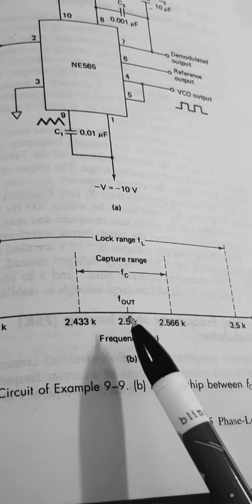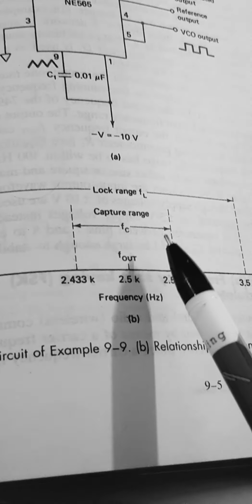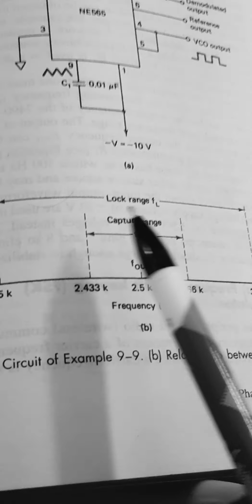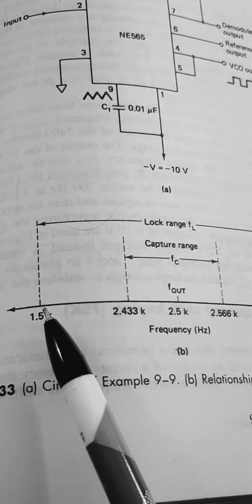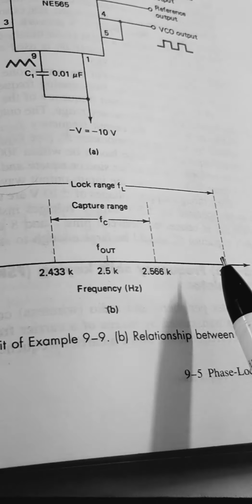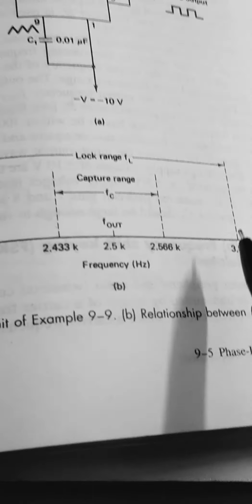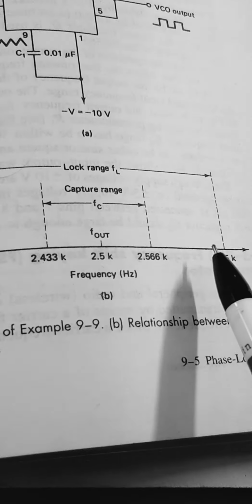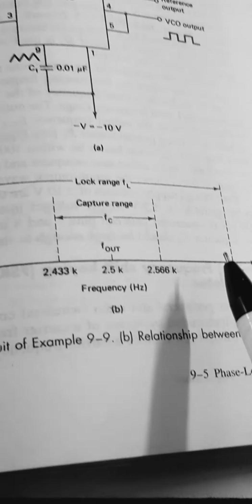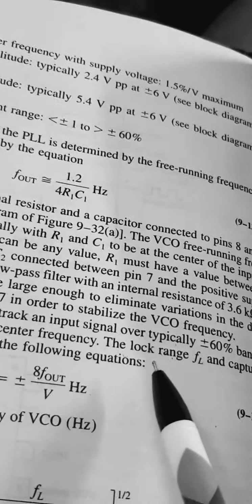At the center is the free running frequency F0. This is the capture range, this is the lock range. So PLL can lock to and track an input signal over typically 60% bandwidth with respect to F out as the center frequency.